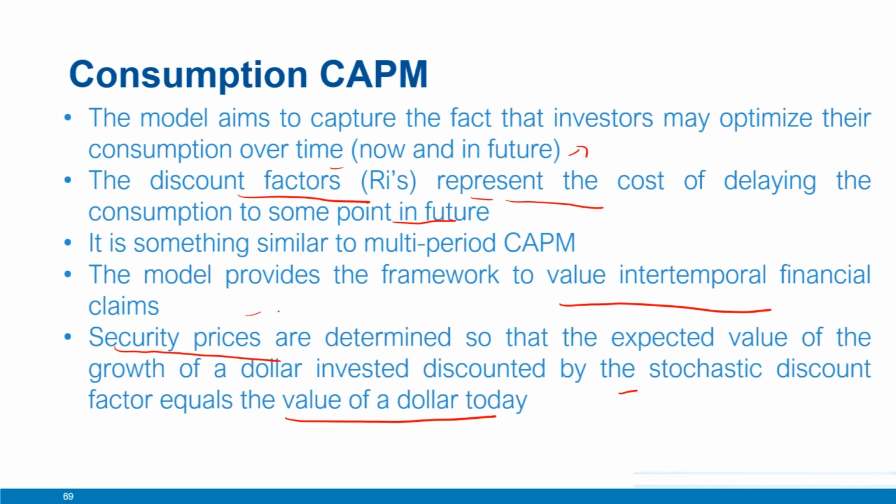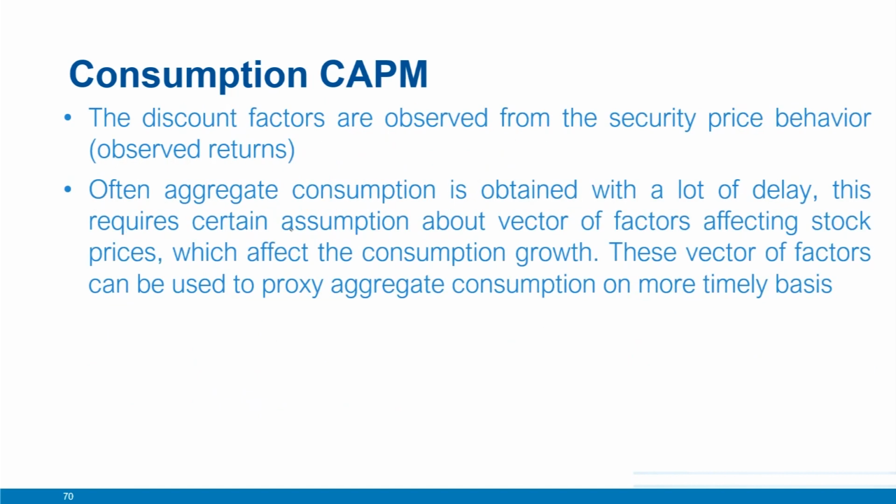So if we discount with the help of these stochastic discount factors, we should be able to get the observed prices. In this manner, these discount factors are obtained from the observed security price behavior and expected returns.